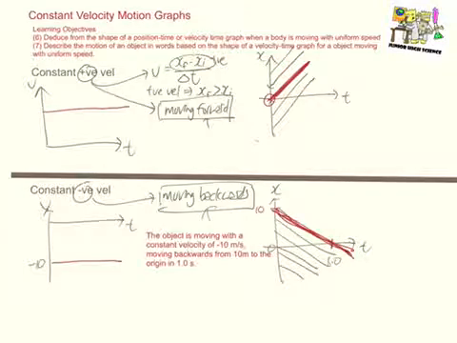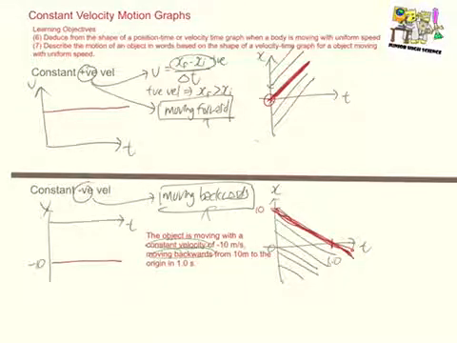This is how I would describe the motion in words. The object is moving with a constant velocity of negative 10 meters per second, moving backwards from 10 meters to the origin in 1 second. Again, it is crucial that you mention that the velocity is constant and the object is moving backwards.